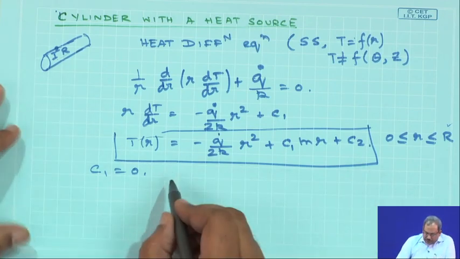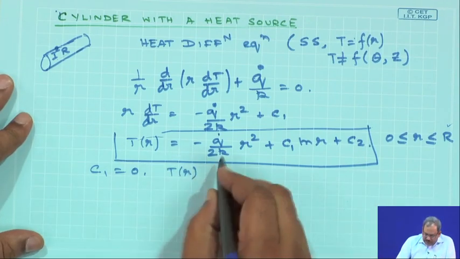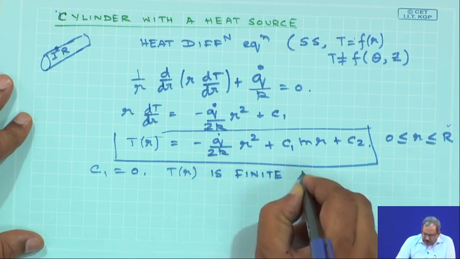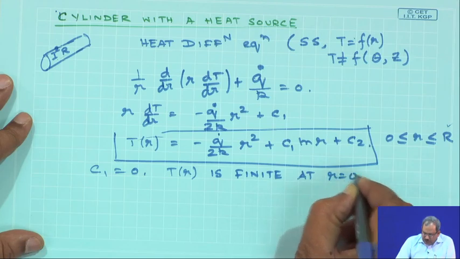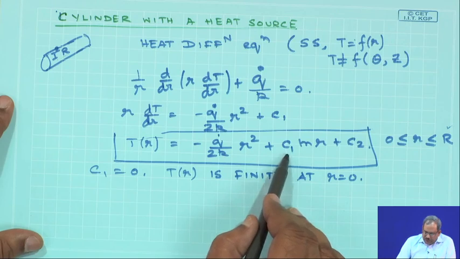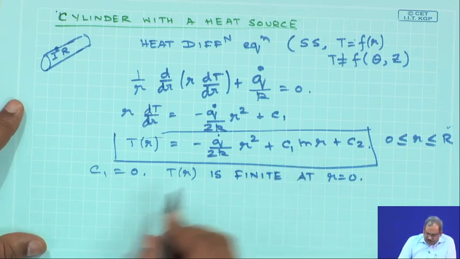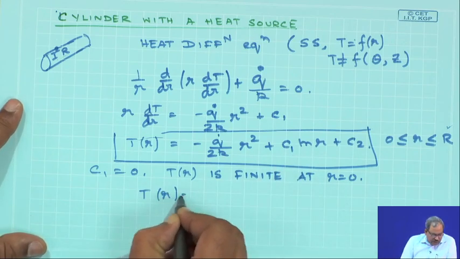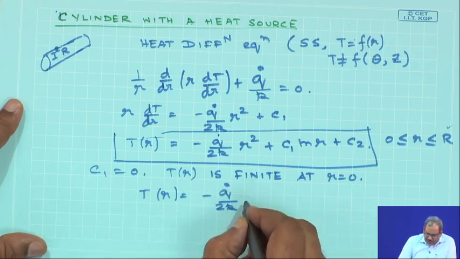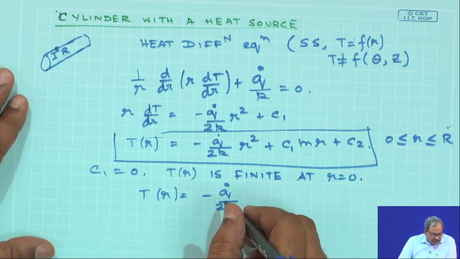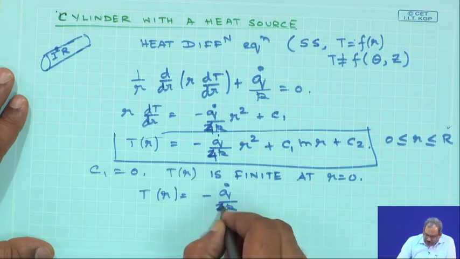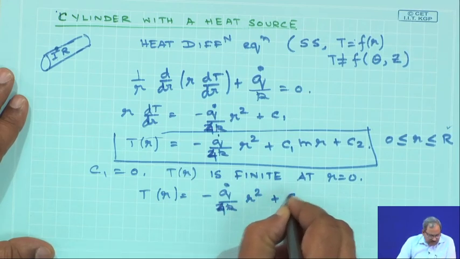That is obvious, because T of r has to be finite at r equals 0. So, your T of r should be minus Q dot by, sorry, this should be 4K, Q dot by 4K times r square plus C2.